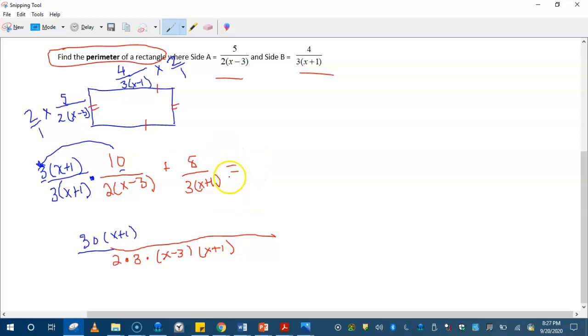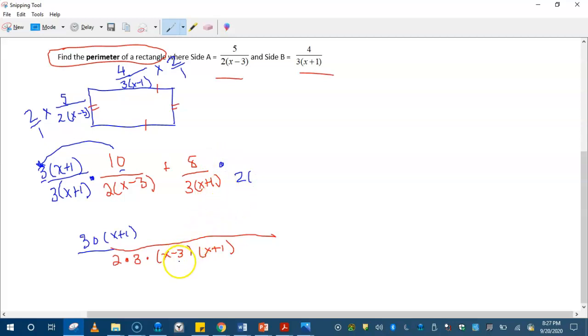What's missing? Let's see what's missing to find this perimeter. Well, we got the 3, but we're missing the 2. So let me get rid of this equal sign. So I'm multiplying this next fraction by a 2. So I got a 2 and then a times, what else is missing?